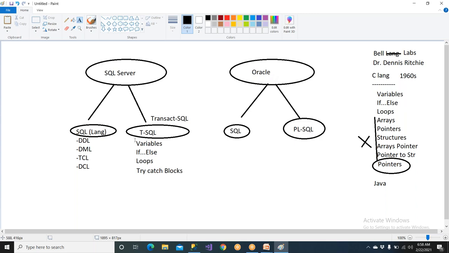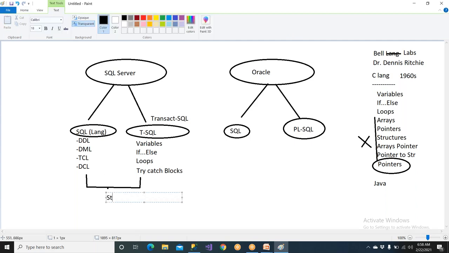So Oracle again has variables, if and else, loops, try catch blocks, like that. There is a lot of programming stuff that you need to learn. Later, what we do is include SQL plus T-SQL, and we write a lot of programs. We use this plus this, okay? And using this, we're going to be writing a lot of code. The code that we're going to be writing is stored procedures.